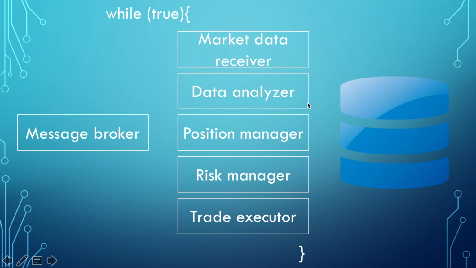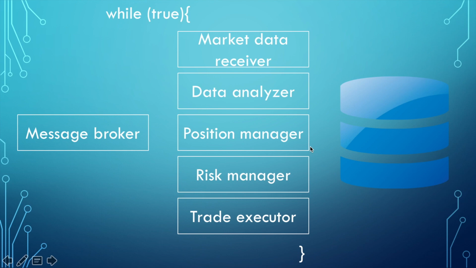If the data analyzer signals to go short or go long, the position manager must decide which amount of your funds to allocate to this specific trade. And this component is the most important and the most difficult to implement, at least for myself. Successful position manager implementation requires good skills in probability theory and statistics.